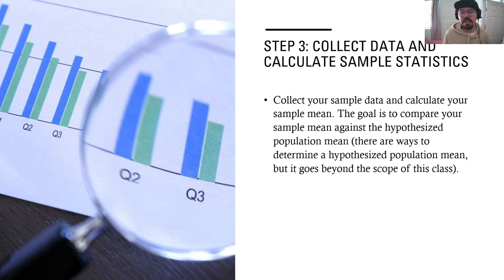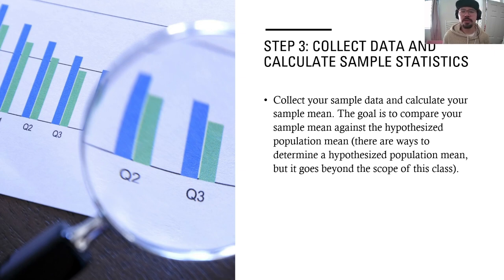The goal is to compare our sample mean against the hypothesized population mean. There are ways to determine a hypothesized population mean, but it goes a little bit beyond the scope of this class. For our practice, I will provide hypothesized population means where relevant.